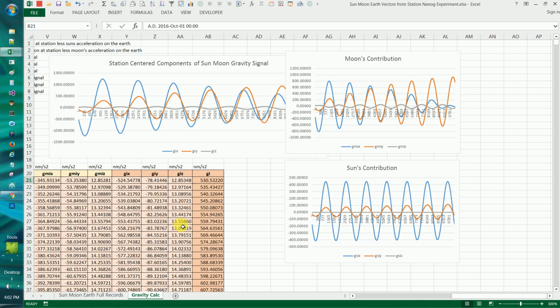With this, you can calibrate a superconducting gravimeter, a seismometer, an atomic interferometer, atomic interferometric gravimeter, any MEMS gravimeter, whatever setup you have, you can relate it to this.